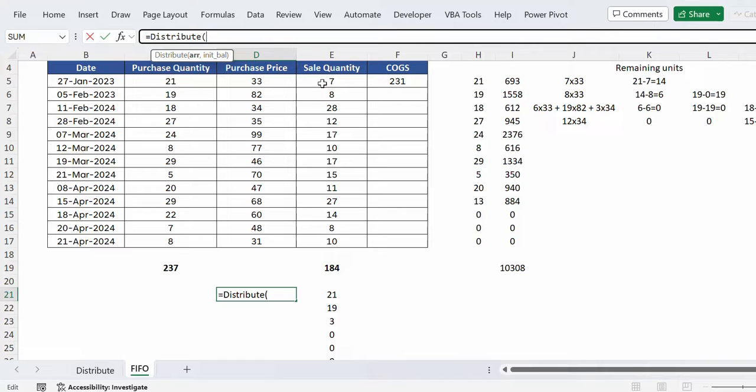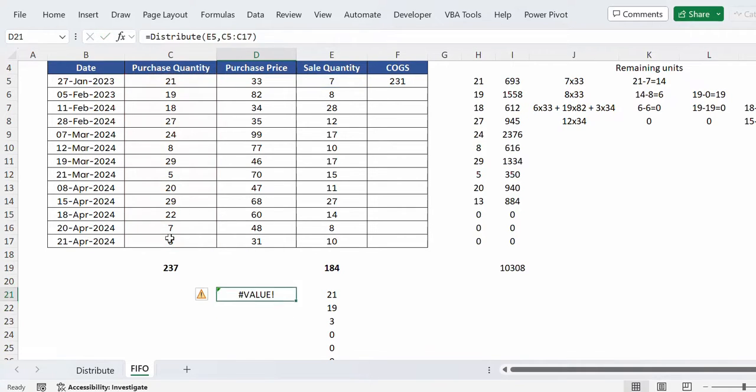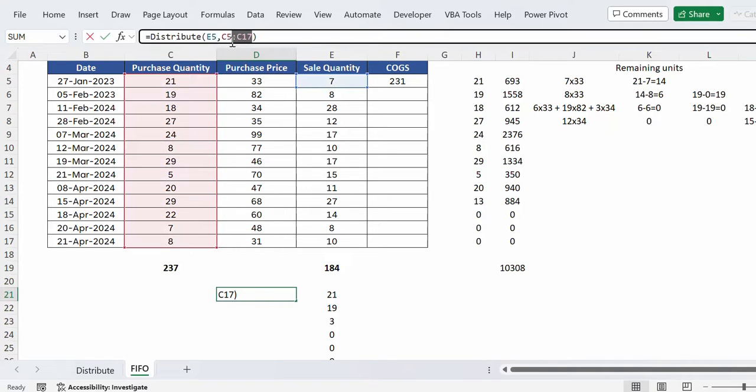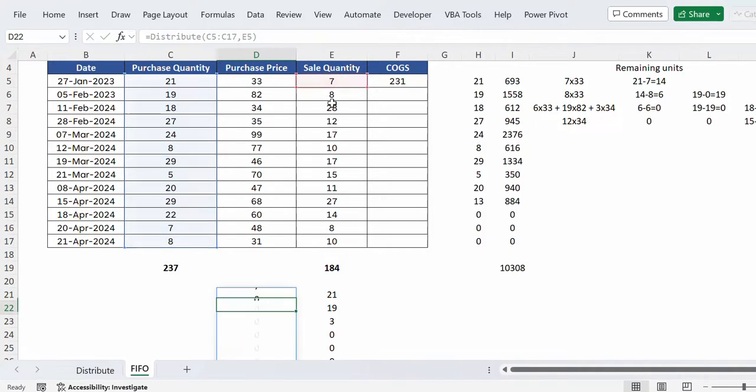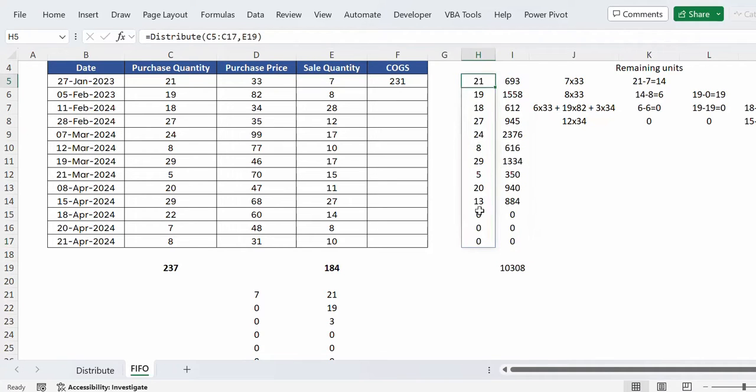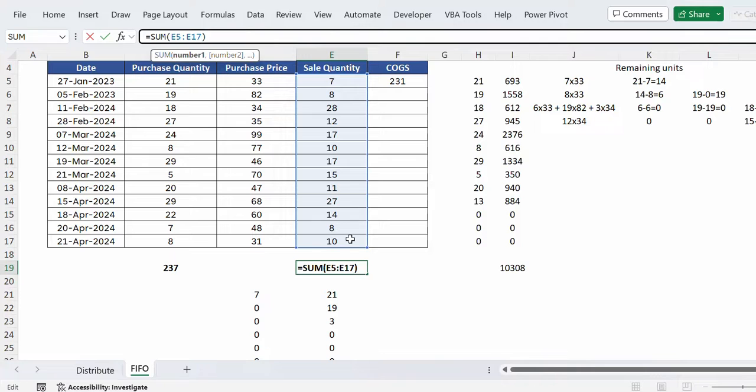So again, these parameters are opposite. So first of all, the array will come and then the initial balance will come, right? And again, if we see here what we did, when we did the valuation, we did it on the cumulative quantities that we sold in the complete period, right?